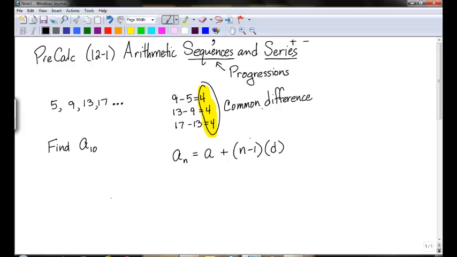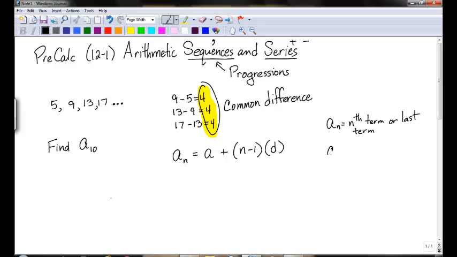And the author does not put the d in parentheses, but I would, because if the d is negative, if you don't have the parentheses, it looks like a minus, and you really want to multiply it. The a sub n stands for the nth term, or the last term in your sequence.